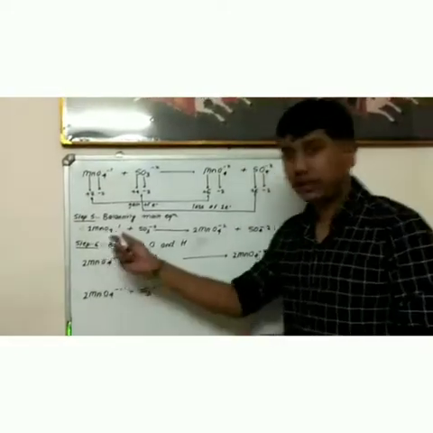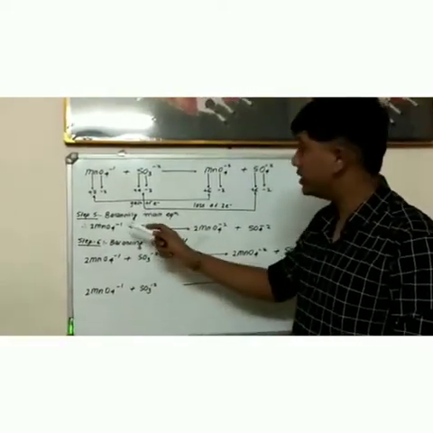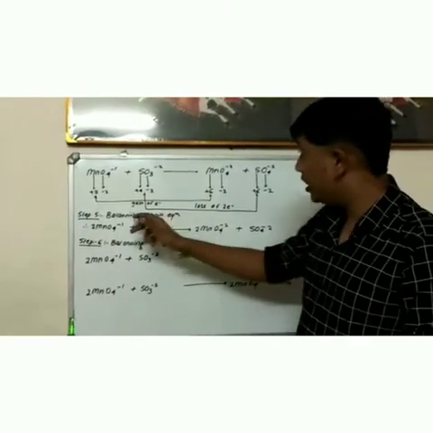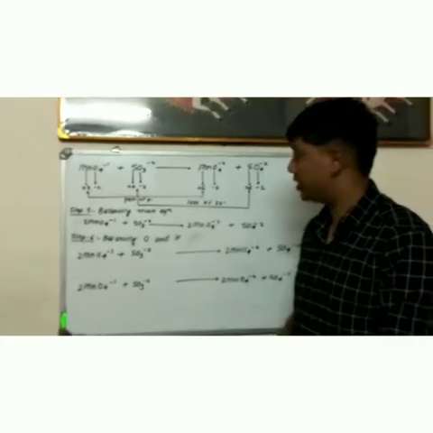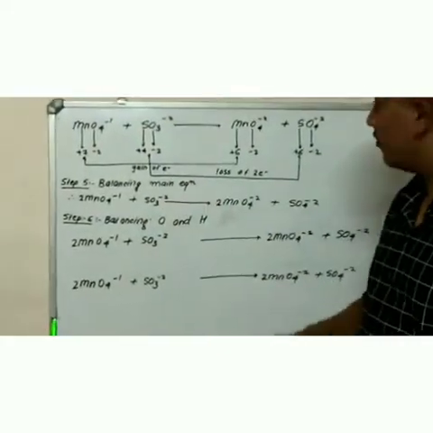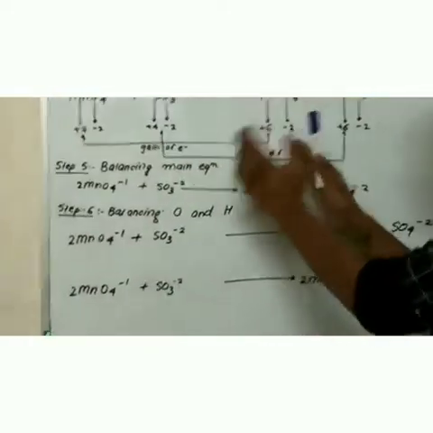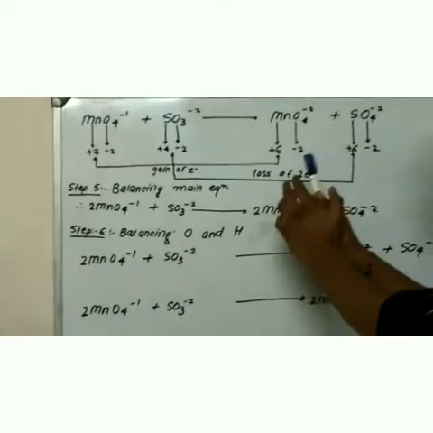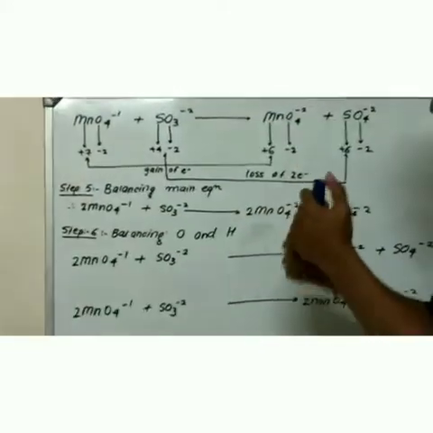Now we will see step 5, balancing the main equation. Here we can see there is a gain of 1 electron while there is a loss of 2 electrons. So we need to match this gain and loss of electrons so that we get a balanced equation.